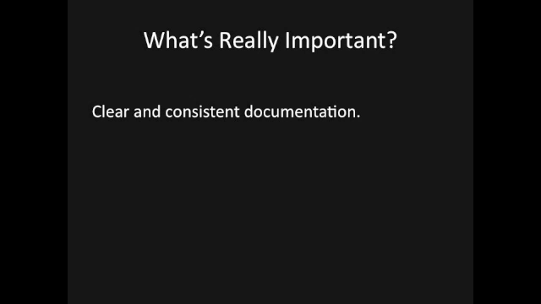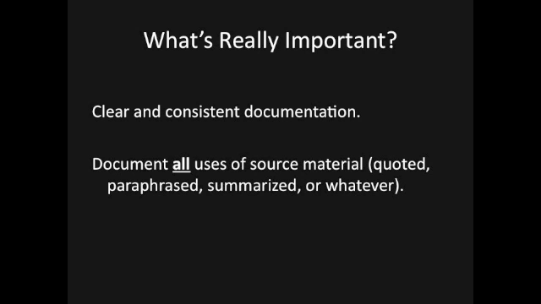Now, at this point, it's important to understand what using a source means. And using a source means just that. Any use of a source must be documented. Sometimes students believe that only sources that have been quoted directly have to be documented, but in fact that's not true.